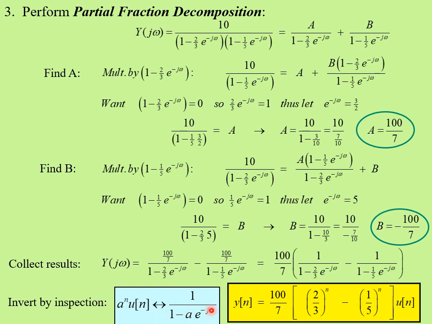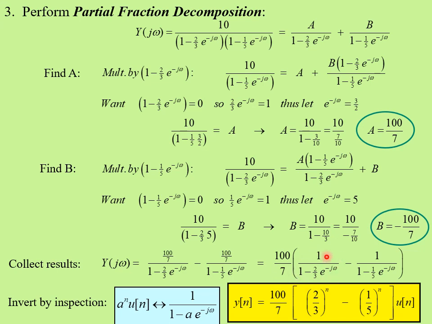And again, by using our handy-dandy Fourier transform pair from earlier in this chapter, this is for the exponential functions, we see that in this first term, A is equal to 2/3, and in the second term, A is equal to 1/5. So therefore, when we take the inverse Fourier transform by inspection, y sub n is equal to 100 over 7, that's our coefficient out front.